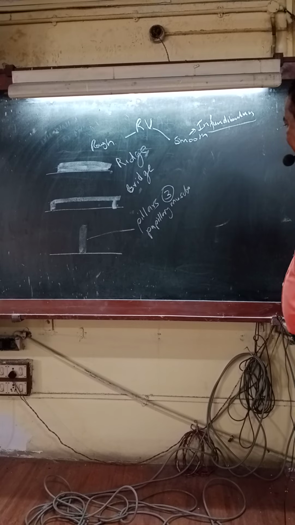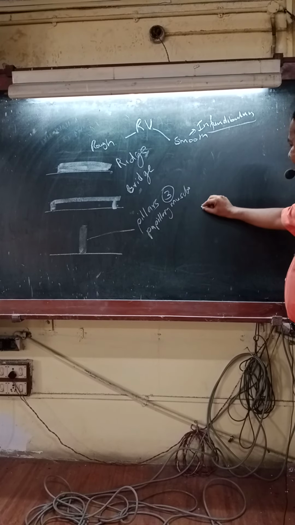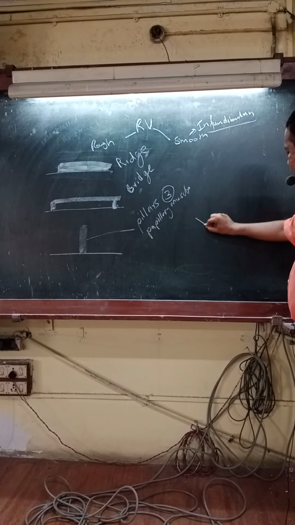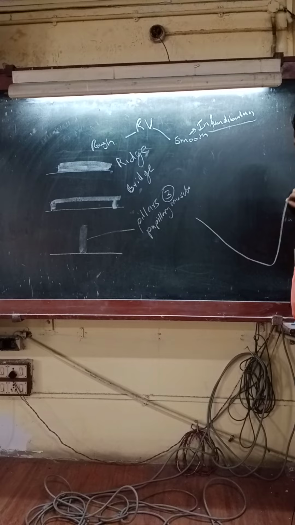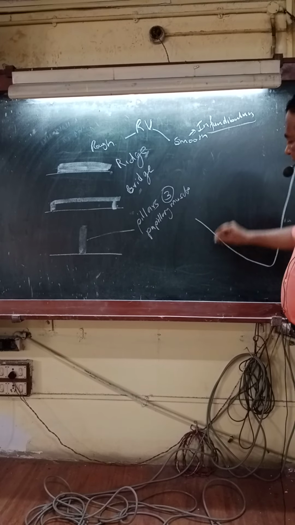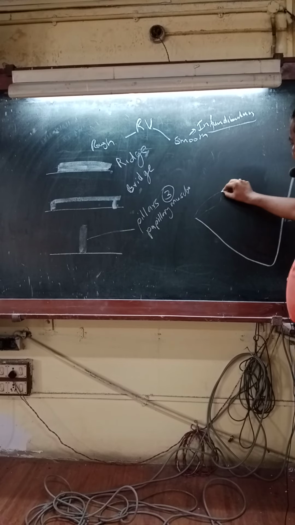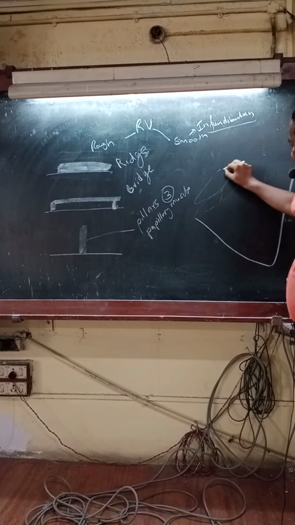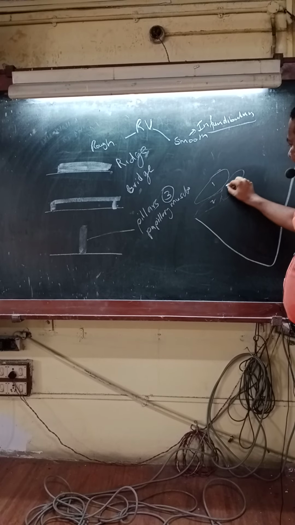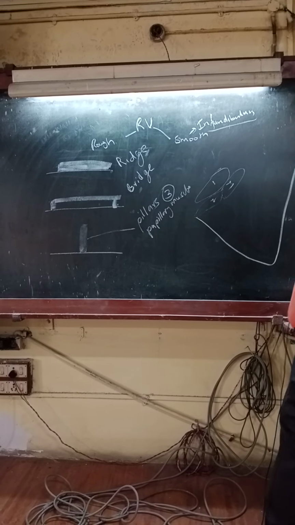Now suppose the right atrium is opening and this is the right ventricle, and there is this valve. What is the valve over here? There are three cusps, 1, 2, 3. So, the tricuspid valve.